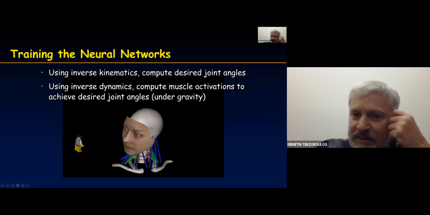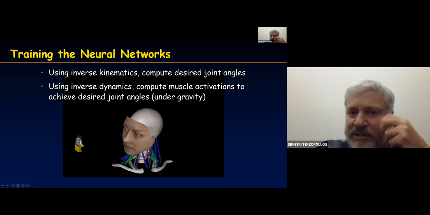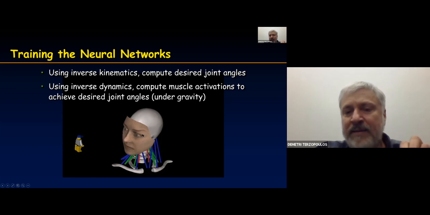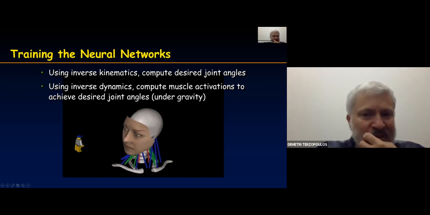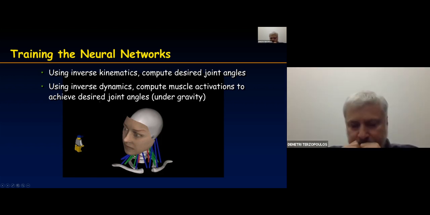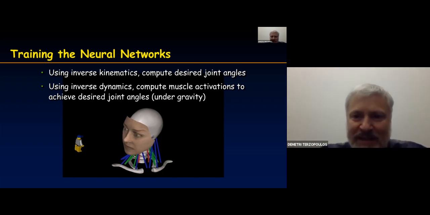So now this is not just an inverse kinematics problem, but also an inverse dynamics problem. We have to be able to compute what are the muscle activations required to produce the muscle forces that hold the head fixed in that pose against gravity. So this is inverse dynamics, and this requires an optimization process to be solved in order to determine what the muscle activations are.